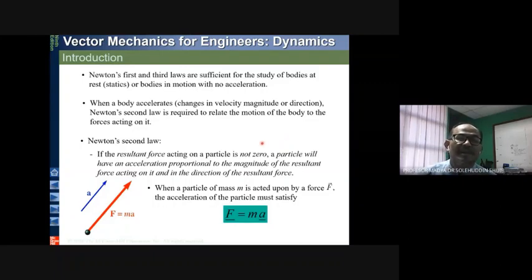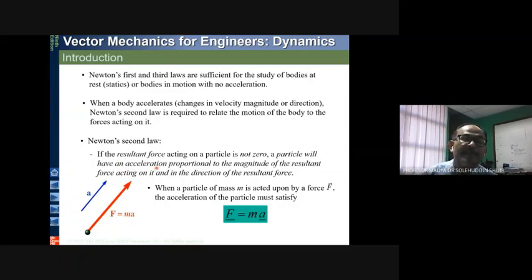This is the definition of Newton's second law. Just now it was by equation; this is by writing, by sentence.